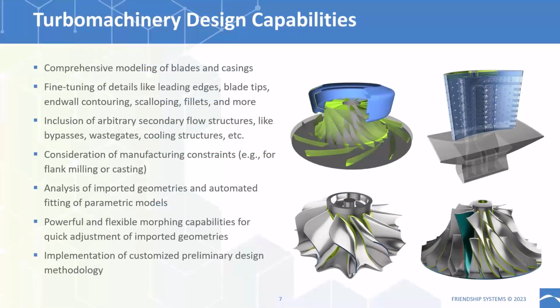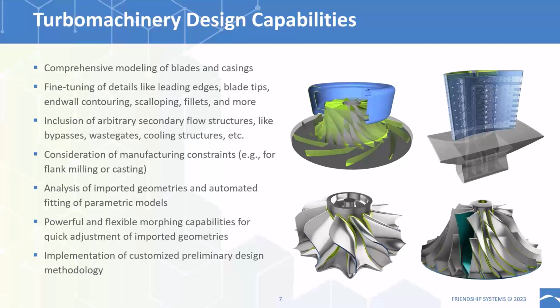As I said, one of the main applications for CAESES is turbomachinery design, and of course, we have a set of dedicated turbomachinery design capabilities. CAESES includes a comprehensive modeling environment for turbomachinery blades and casings. You can really control the geometry in the finest detail, including leading edge shapes, blade tips, end wall contouring, scalloping, and so on.